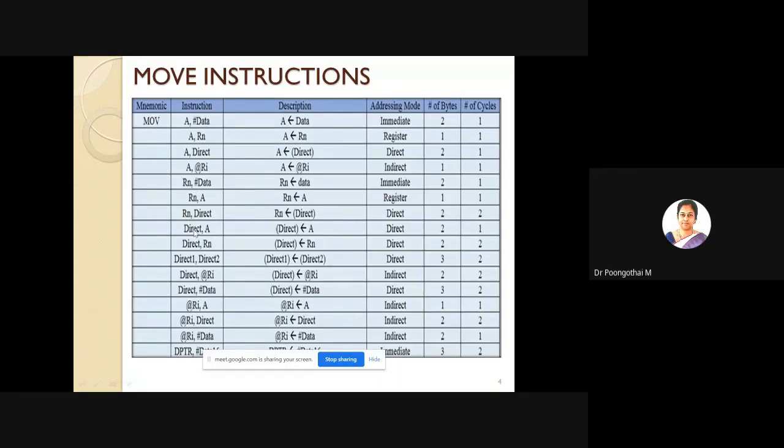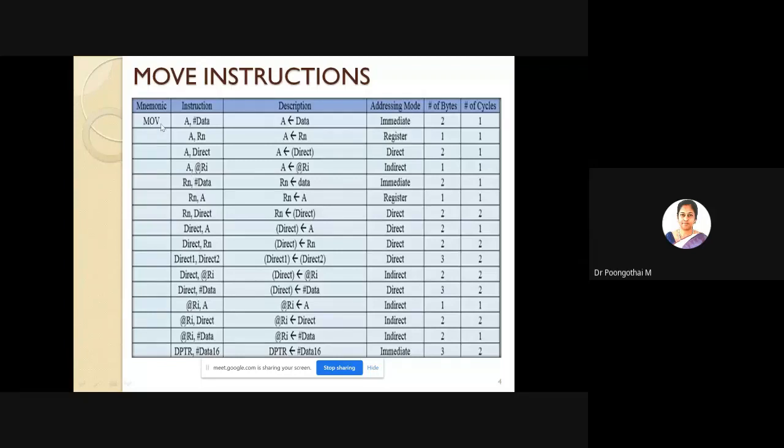From MOV direct, A to MOV direct, #data, the direct address is the destination operand. Here @Ri is the destination operand, and in the last instruction, DPTR is the destination operand. So we will see them one by one.